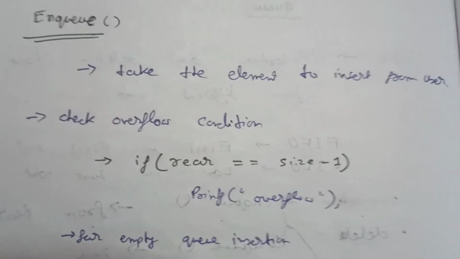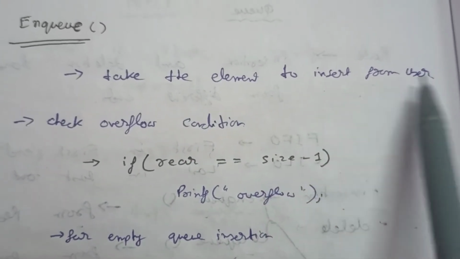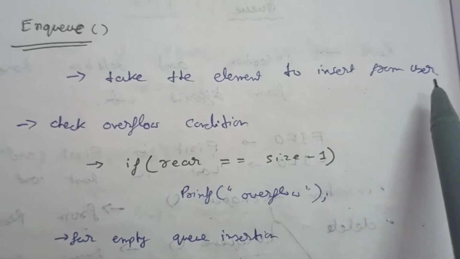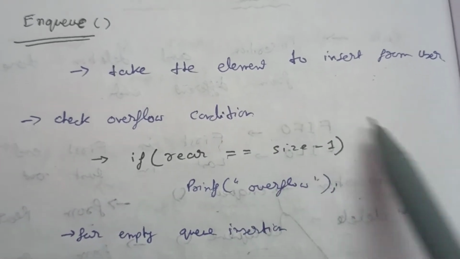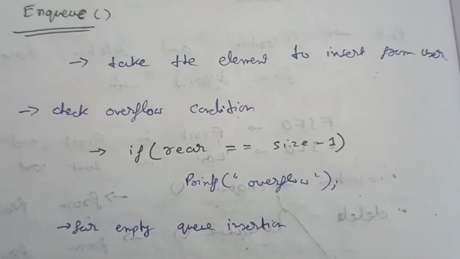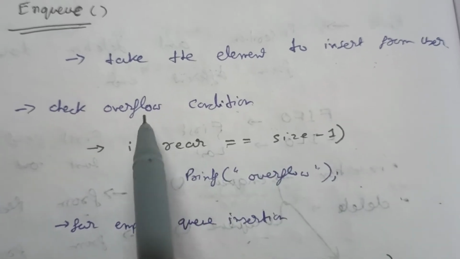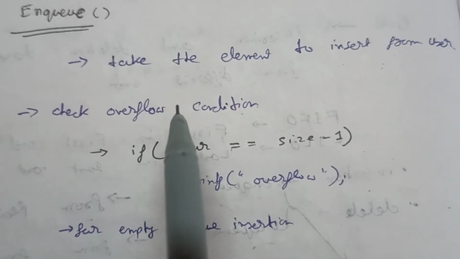Now let's see the enqueue operation. First we need to take the element which we need to insert in the queue from the user. So we scan the element from the user. After that we check the overflow condition, that is, whether there is space in the queue to insert any element or not. What is the condition for the queue to be full?